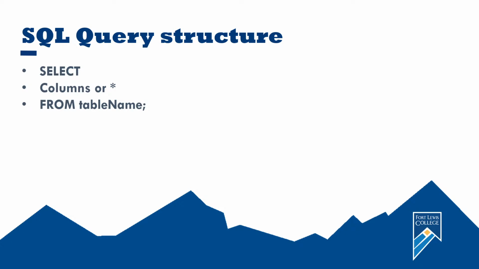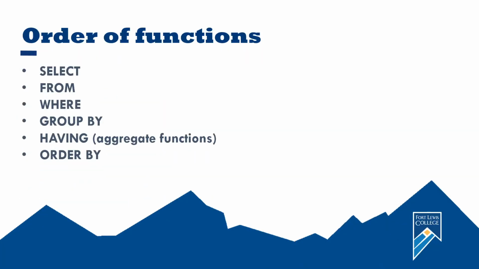You can also say select student ID, comma, first name from student. So you start with select, tell it what you want to select, and then say where you're getting it from in the from. That's what you do in a nutshell, basically.